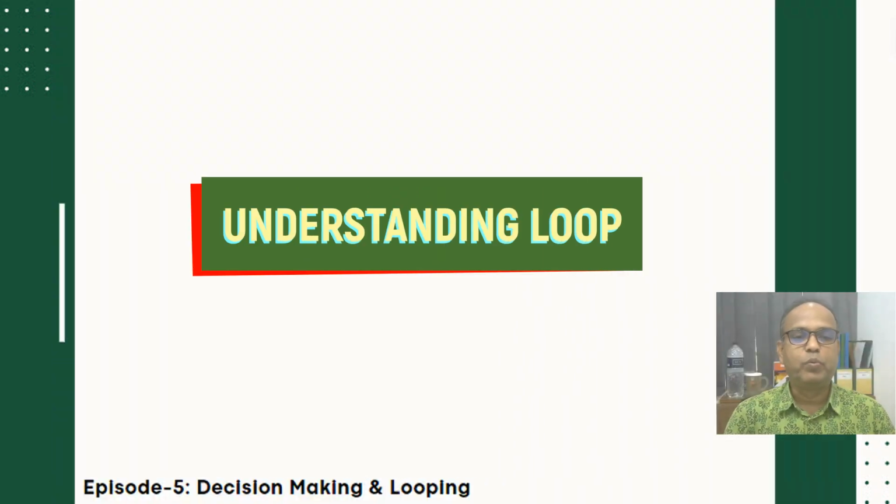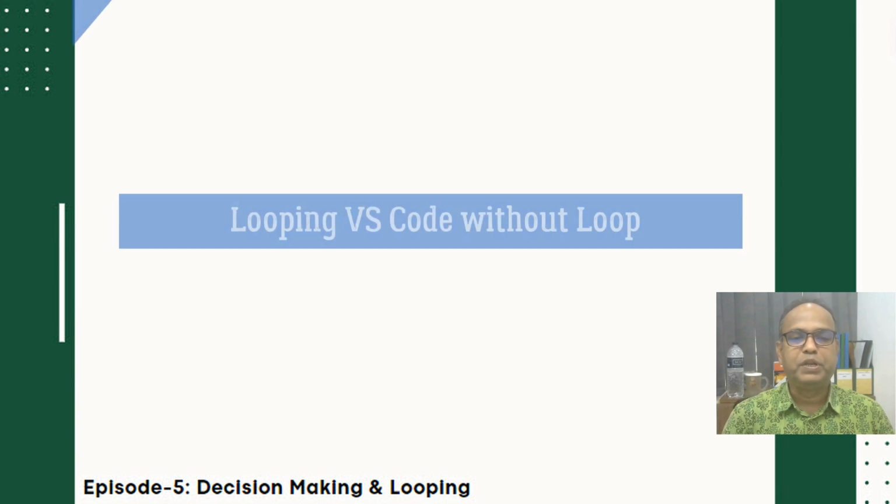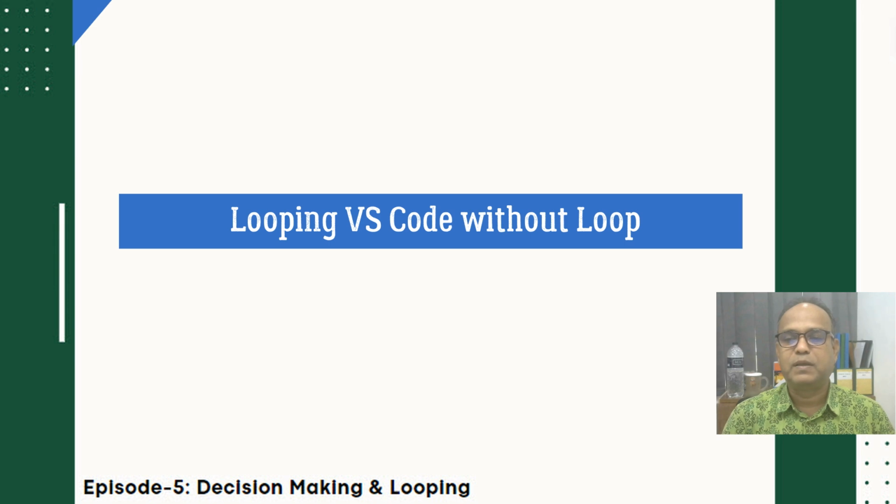Okay, let's start. Understanding looping is a fundamental concept in programming that allows you to execute a block of code repeatedly until a certain condition is met. We use a loop when we need to execute a specific block of code multiple times based on a condition.